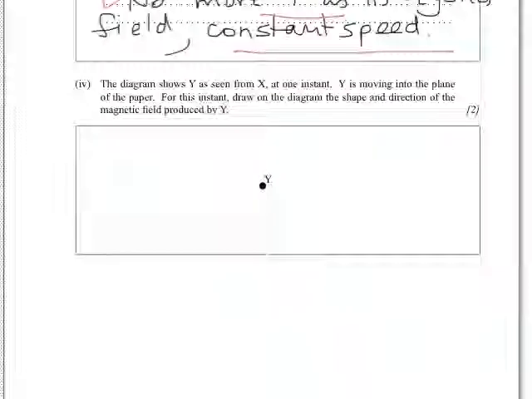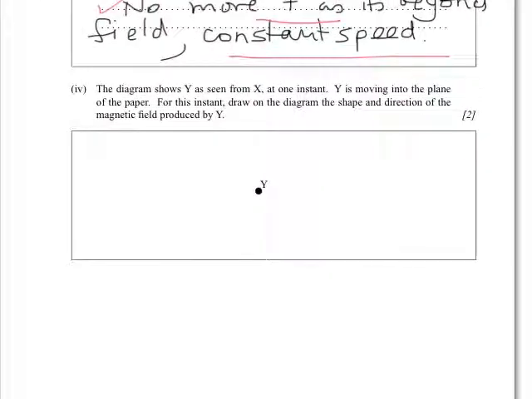Okay, and then diagram Y, as seen from X at one instant, Y is moving into the plane, so it's moving down into the paper. Draw on the diagram the shape and direction of the magnetic field produced by Y. The magnetic field produced by Y, if you remember using the corkscrew rule, where you had your hand, it's a very bad drawing of it.